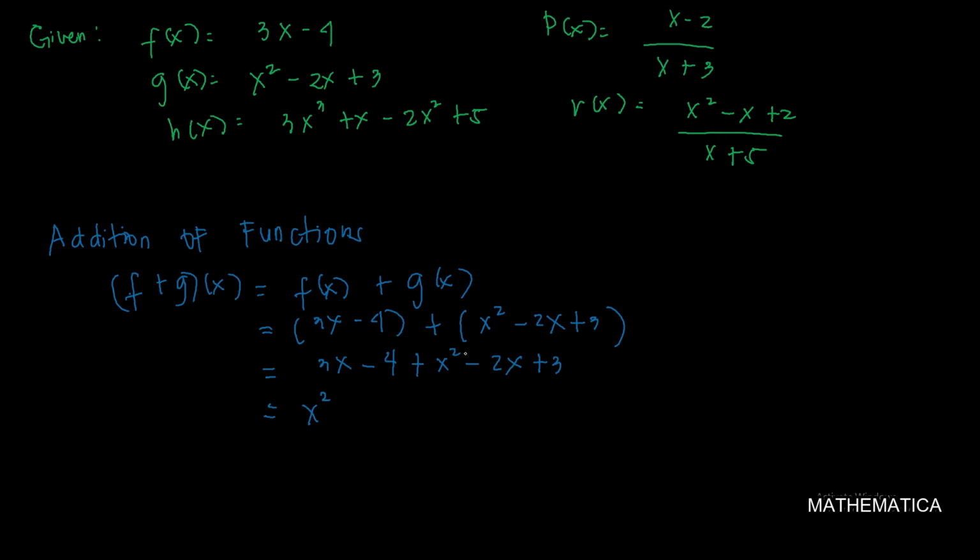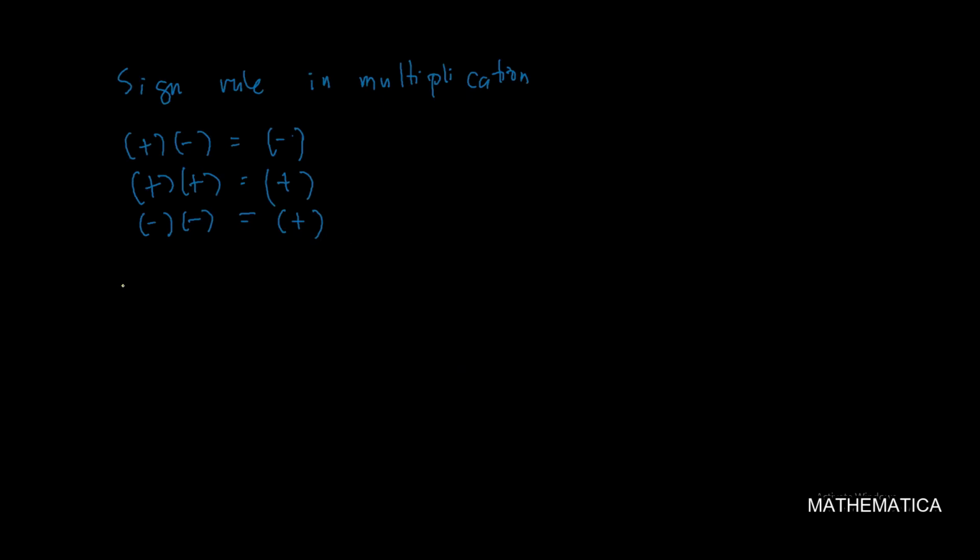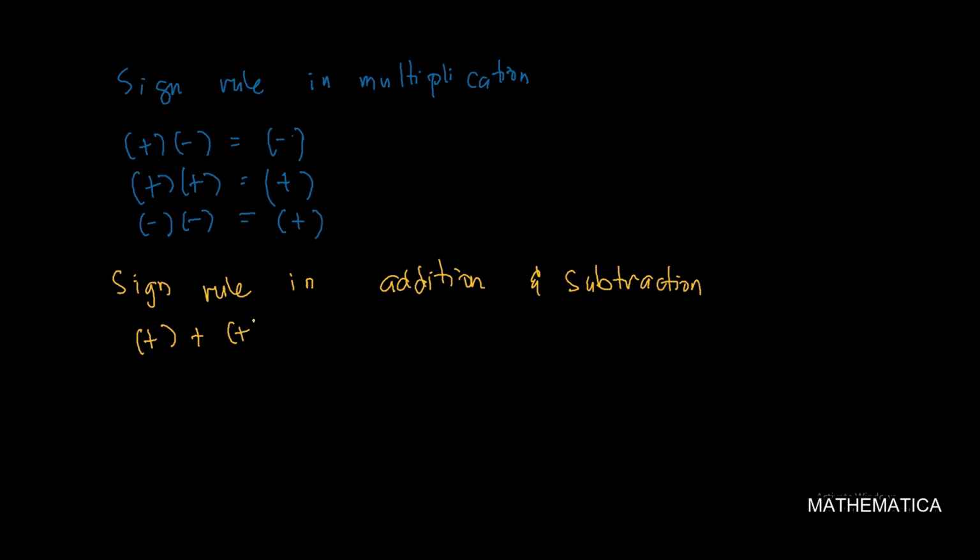Now, what is the sign rule when it comes to addition and subtraction? When you add two like signs, for example positive plus positive, the answer is positive.